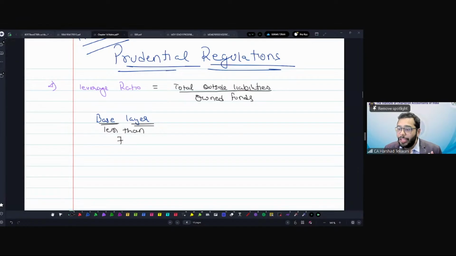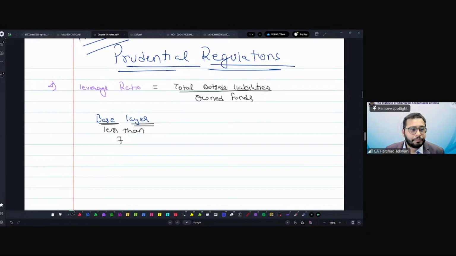Now, for the middle layer, the leverage ratio is required to be kept the same, if there is no increased risk. Till that time, the leverage ratio will be kept in a similar way for the middle layer also.